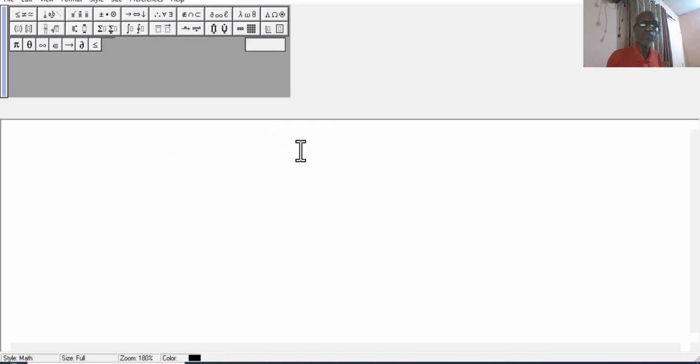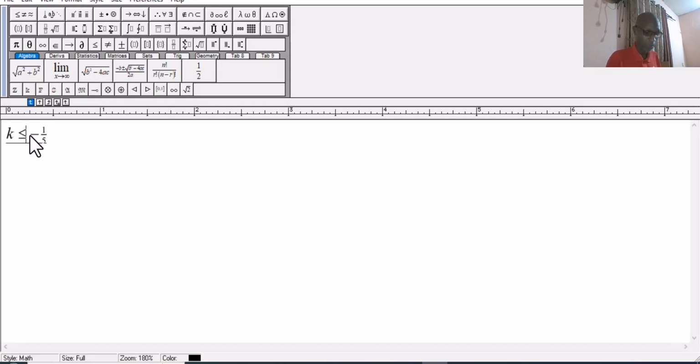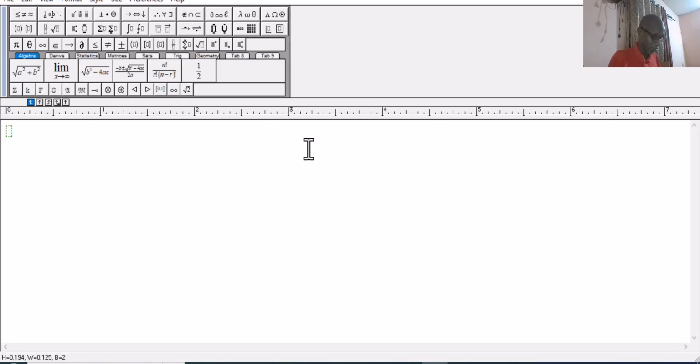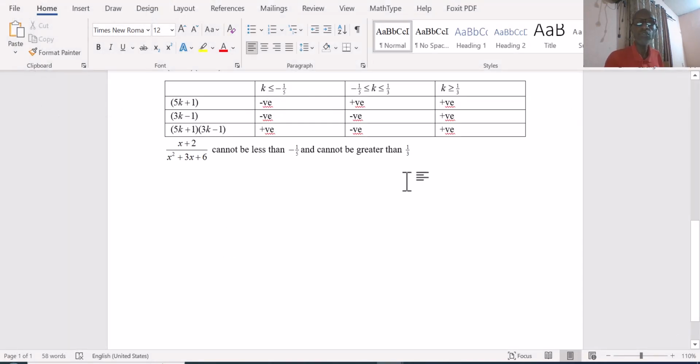I have to remove this because that cannot be less than that and cannot be greater than 1 over 3. So at these two points, this is positive and the expression says it should be less than.